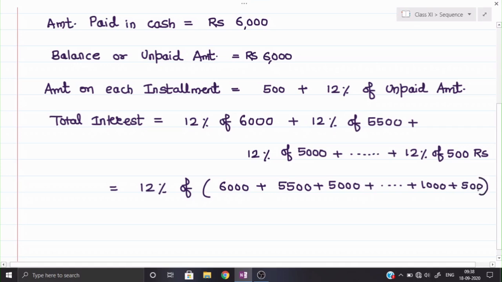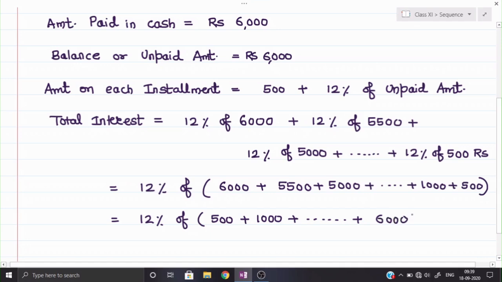Means at the last in the sequence we are remaining with 500. Now this sequence, if you are adding 10 to 1 or you are adding 1 to 10, the addition will remain the same. So we will reverse the sequence, means now we shall write down 12% of 500 plus 1,000 plus dash dash dash, we shall go up till 6,000.